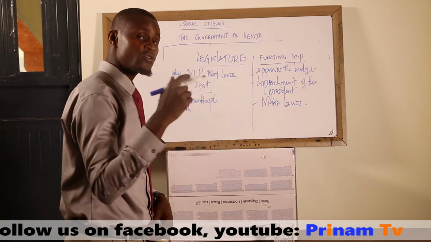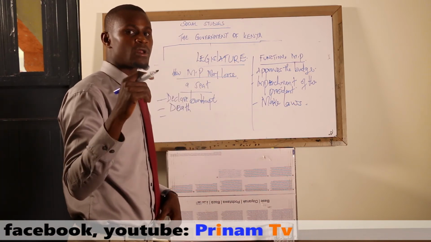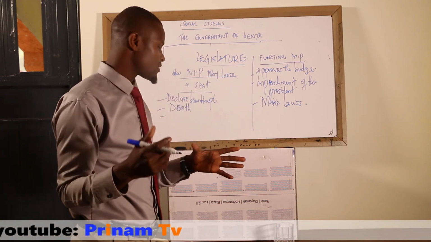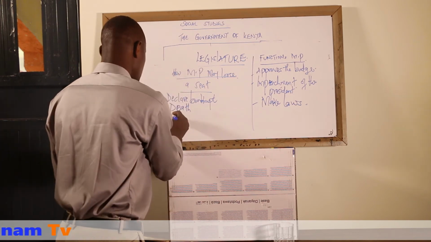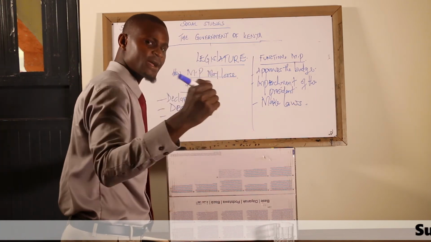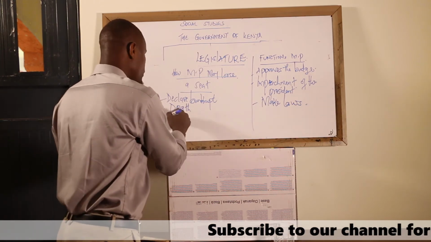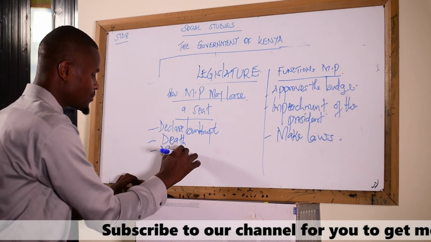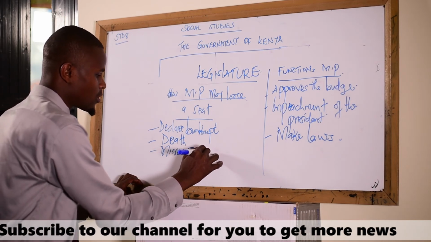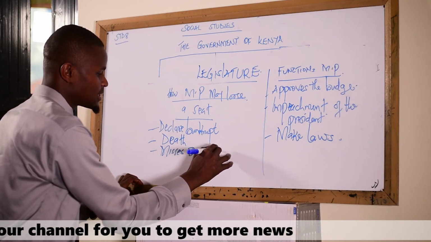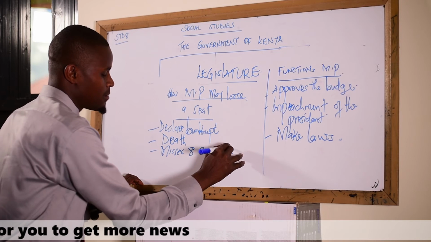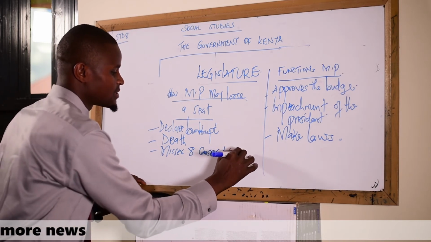So if you have not attended the session for a period of 8 consecutive months, that means as it goes. So when you miss 8 consecutive sessions.